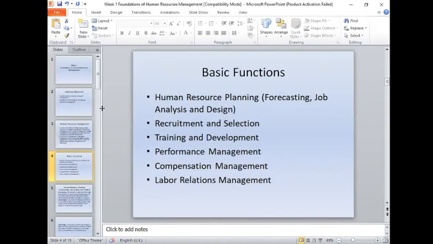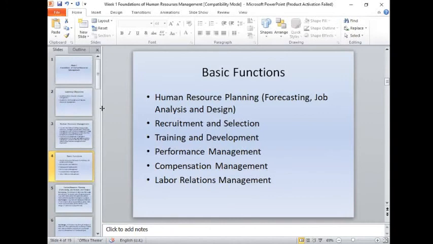So what are the basic functions of human resources management? These are the foundations, which are composed of human resource planning. As I said in the basic definition, it's about planning, organizing, leading, and controlling. From the functions, recruitment and selection, training and development are part of organizing and leading.